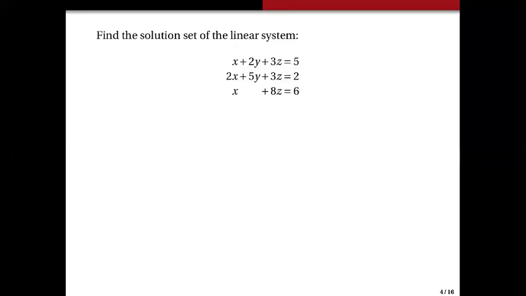So let's look at this matrix of coefficients. The matrix of coefficients is, let us look at this. We have here 1, 2, 3, 2, 5, 3, 1, 0, 8.